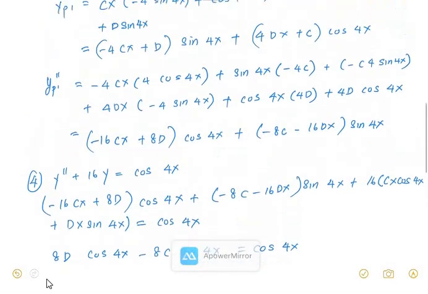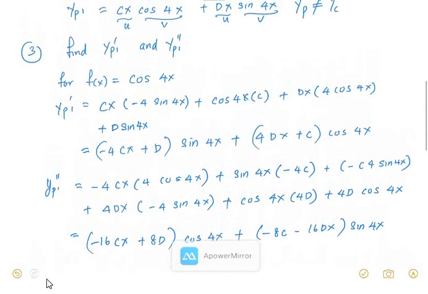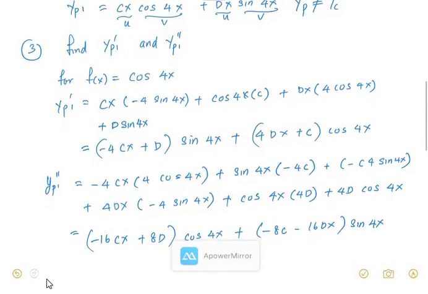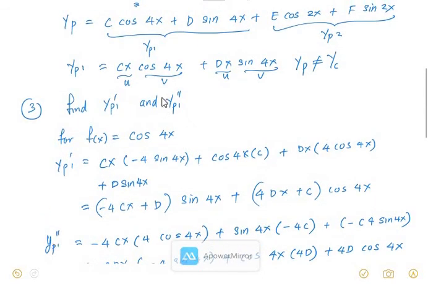Okay, that is the yp1. You substitute the value of c and d. c you get 0 and d you get the value of 1 over 8. So 1 over 8 x sine 4x.